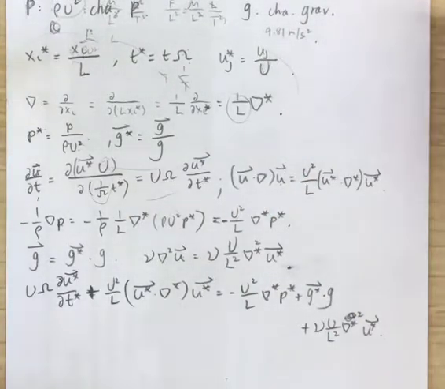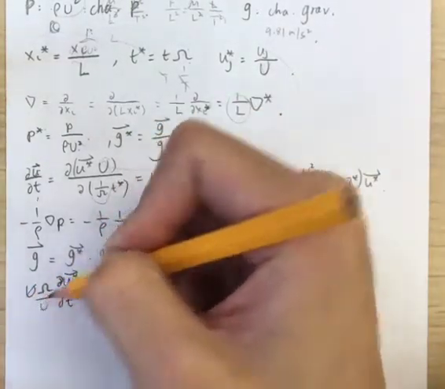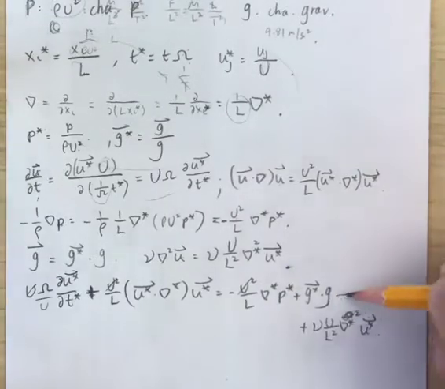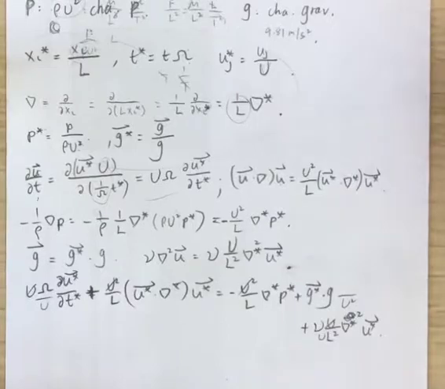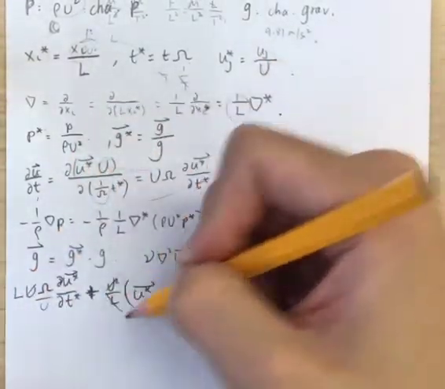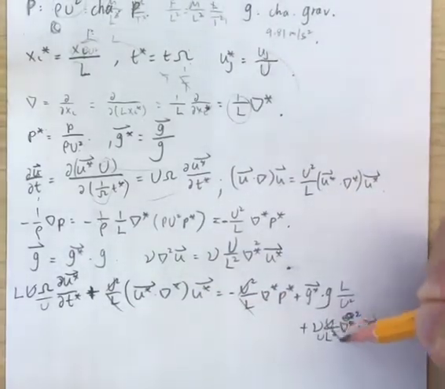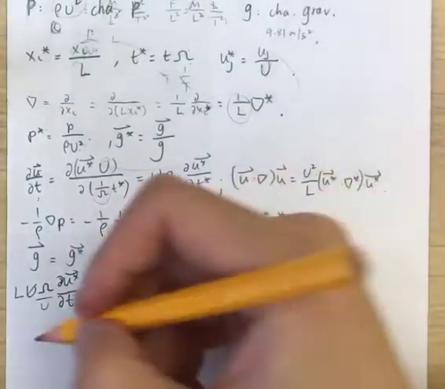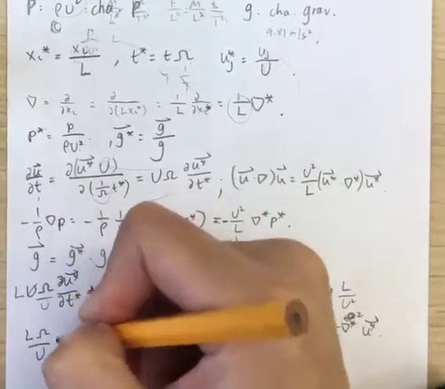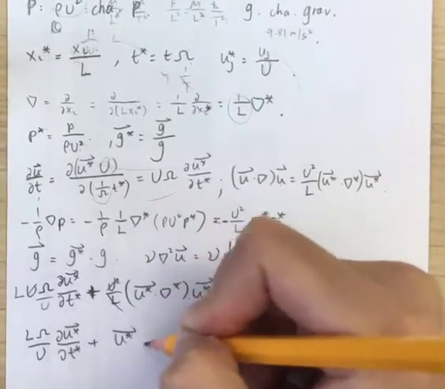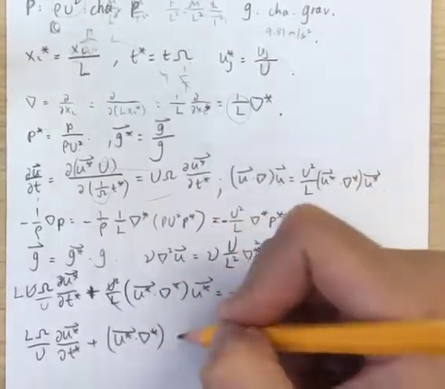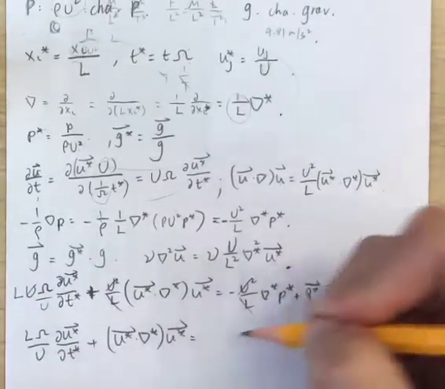We'll divide both sides by U squared, and then we multiply both sides by L. So what we'll end up with is L omega over U, plus the coefficient here is neutralized.